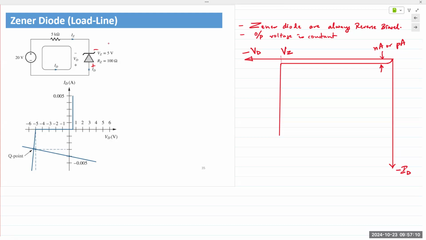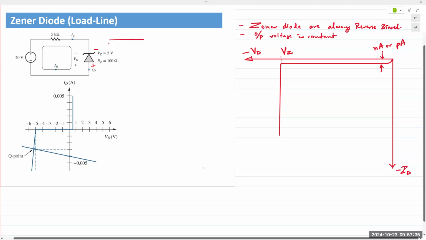It's not a 90-degree angle line. There is a slight deviation, okay? So there is a small deviation from being an absolutely 90-degree vertical line. So in real life, there is a very steep slope of that characteristic. But for all intents and purposes, we treat it as an almost constant voltage at the output.